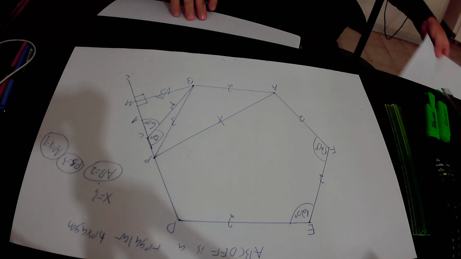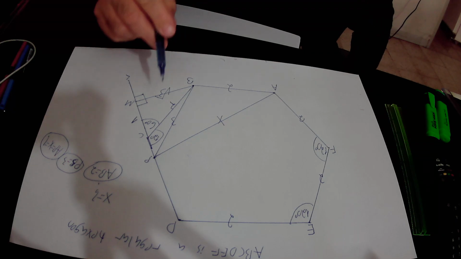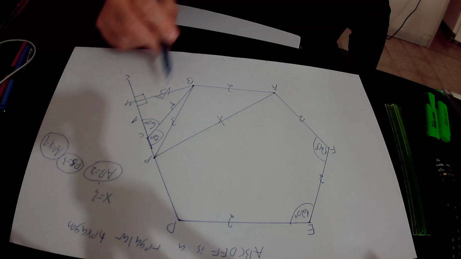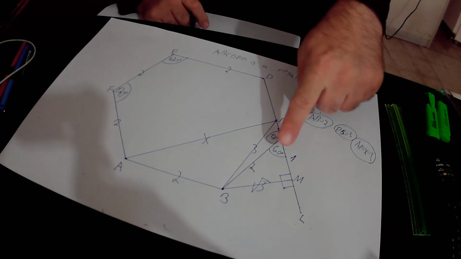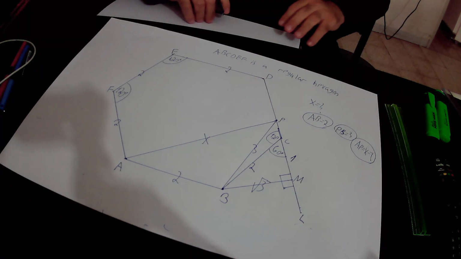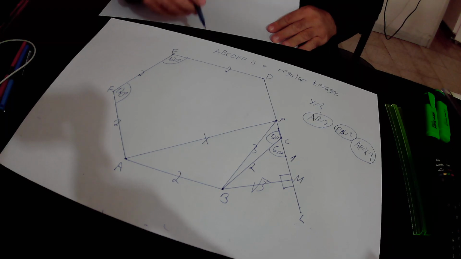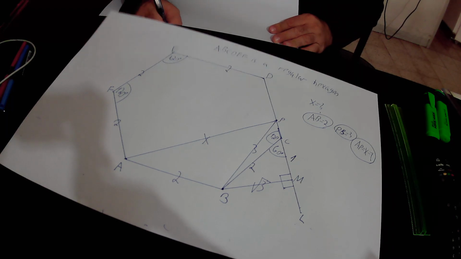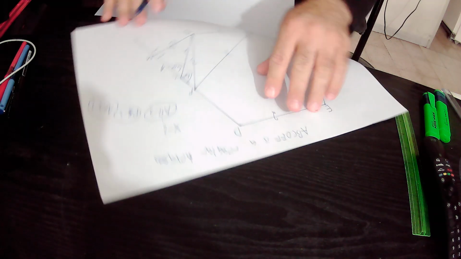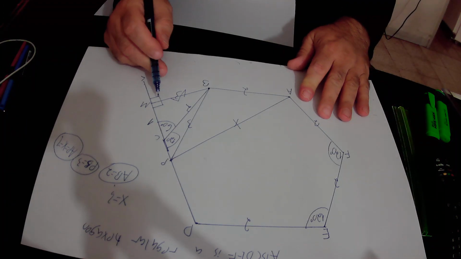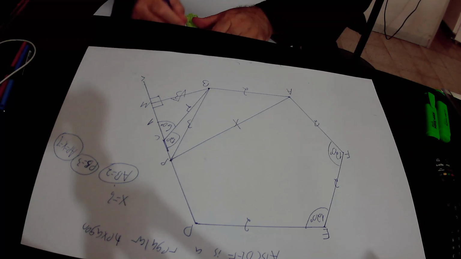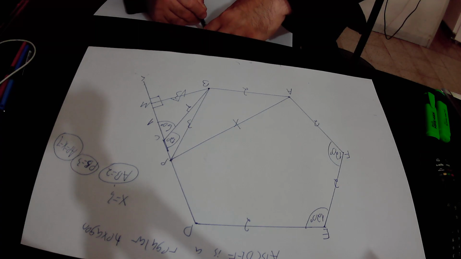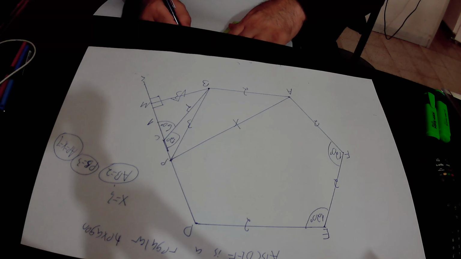In the next step, we'll focus on the right triangle PBM. I will copy the right triangle PBM in a new page and we will analyze triangle PBM. It is a right triangle, because this angle equals 90 degrees.